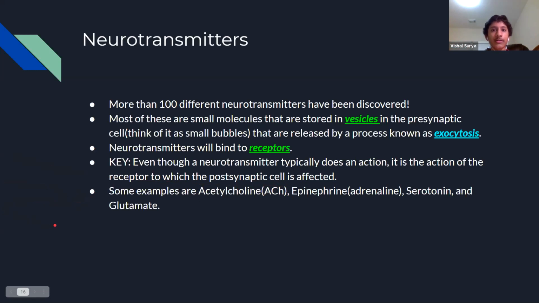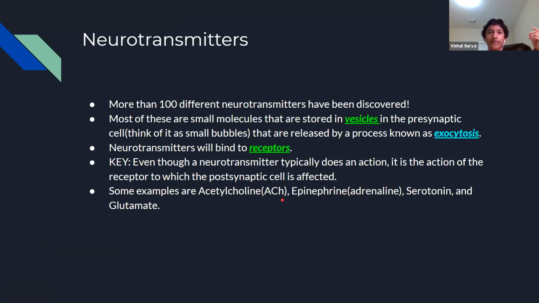Someone asked, are neurotransmitters proteins? I'll answer live. Some neurotransmitters are proteins and some aren't. There are different classes of neurotransmitters. One could be protein, whereas other neurotransmitters could be small molecules, such as acetylcholine, epinephrine, serotonin, and glutamate.